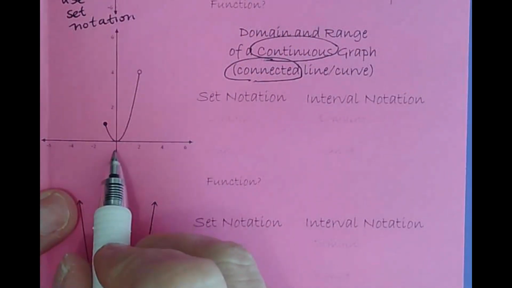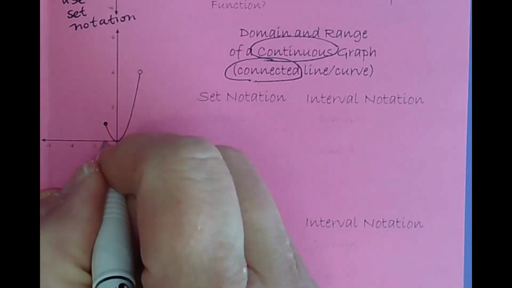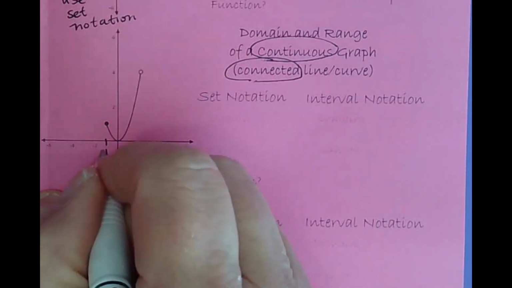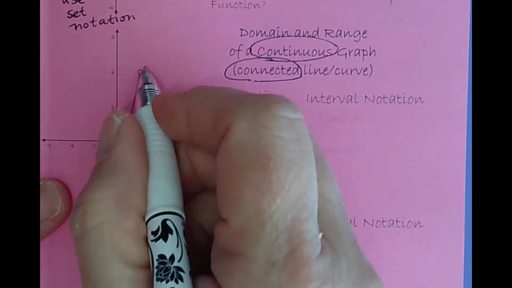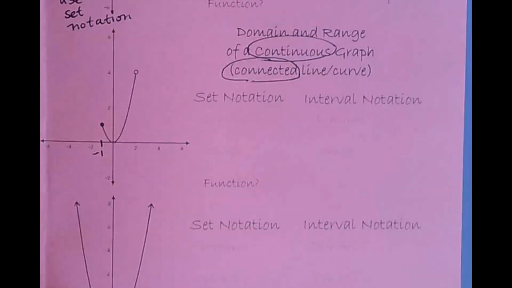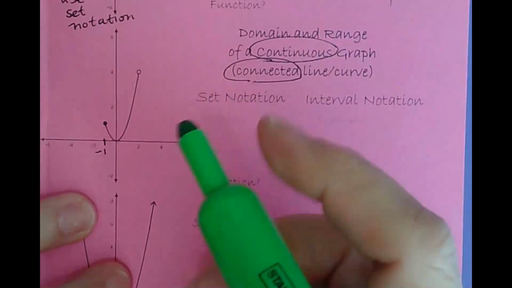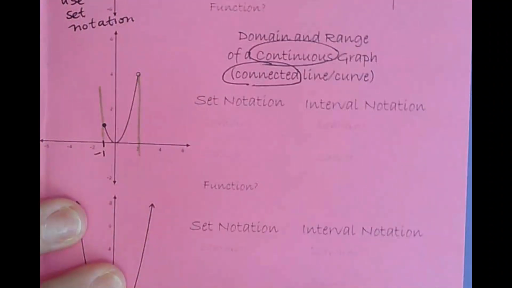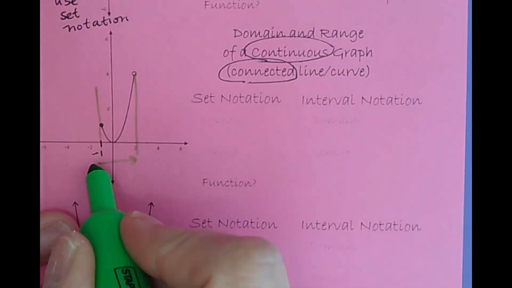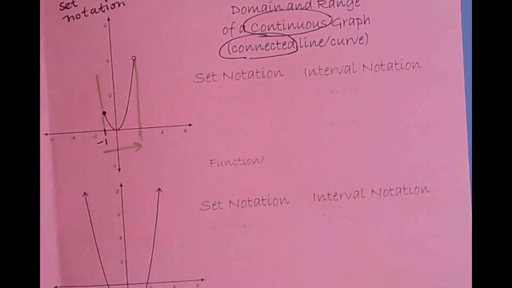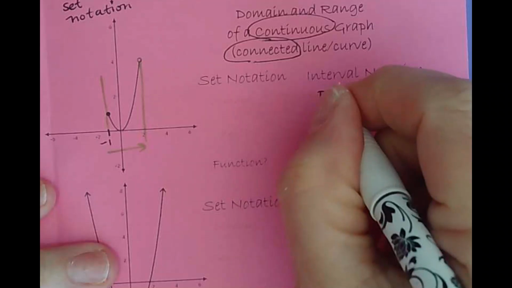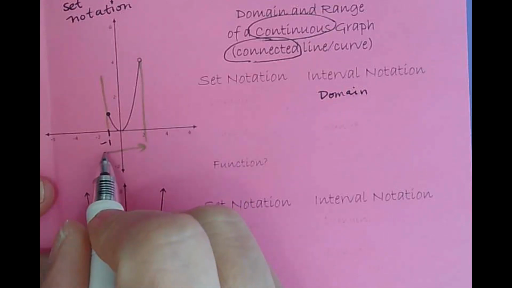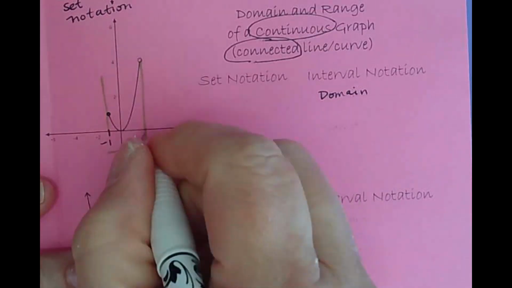I will need to make note of the left side and the right side and the lowest and the highest points. From left to right, I can describe my domain as the x's from -1 to 2.